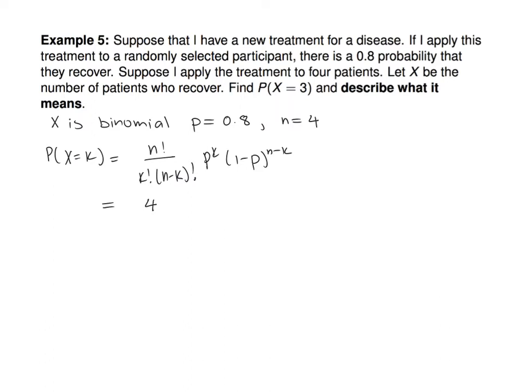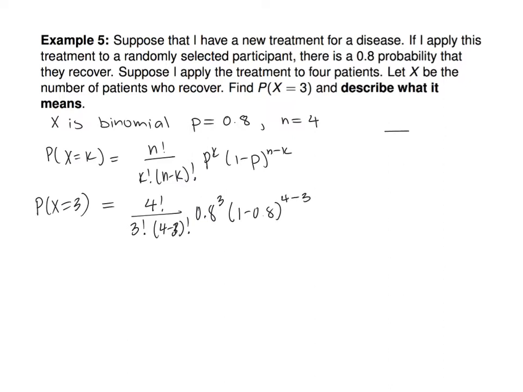So this is 4 factorial, and we care specifically about x equals 3. So 4 factorial over 3 factorial, 4 minus 3 factorial, 0.8 to the third, 1 minus 0.8 to the 4 minus 3.